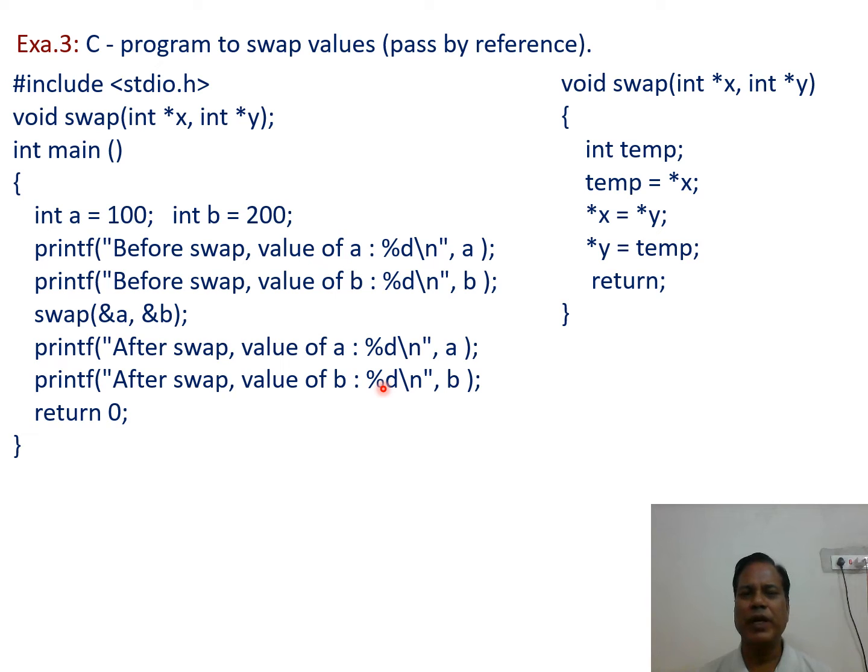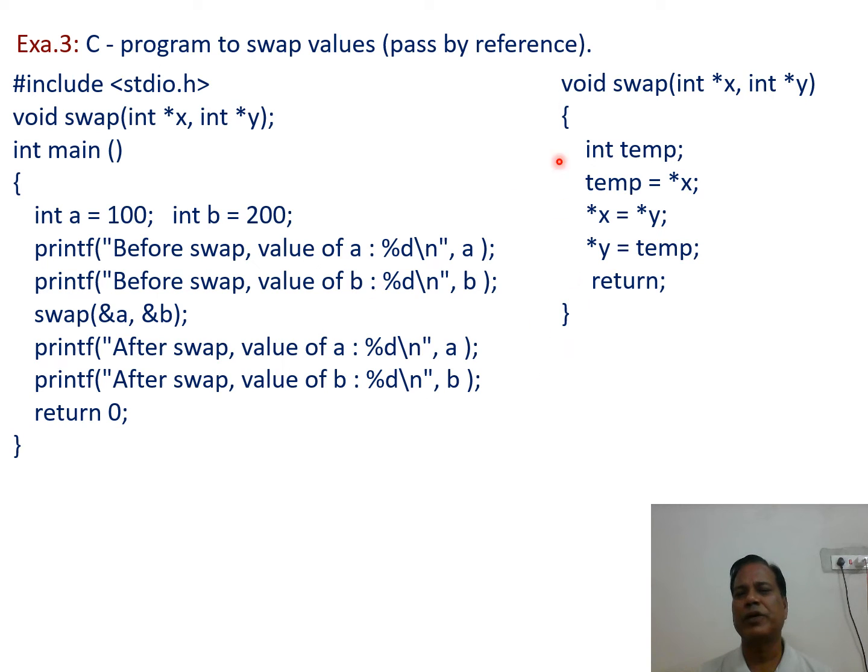So whenever this program is executed, using four printf statements, we print the values of a and b before swapping and after swapping. So in this program also we give the reference, we pass the memory address of the data while calling the function.